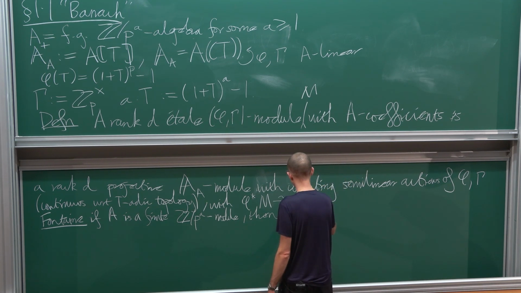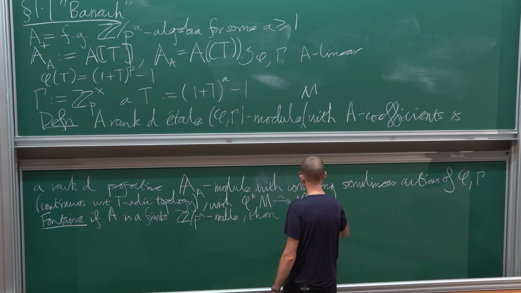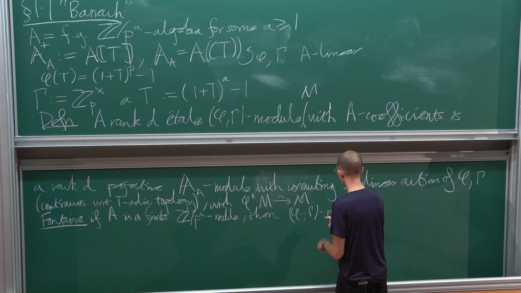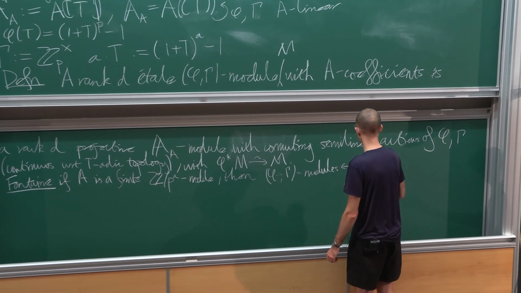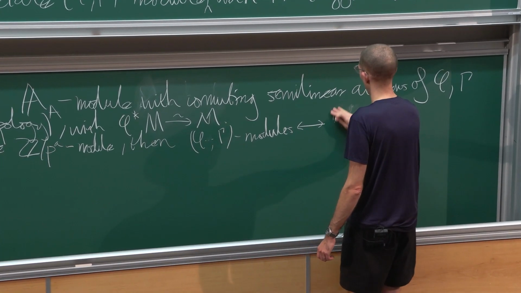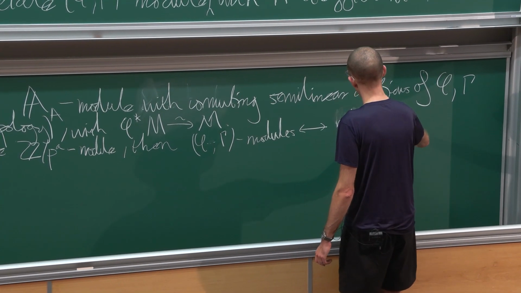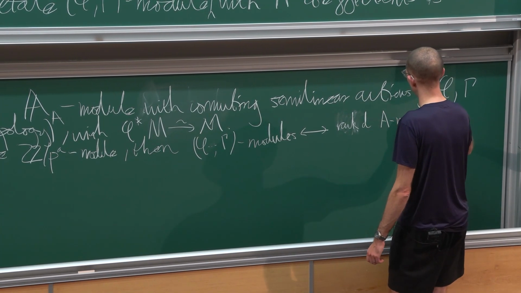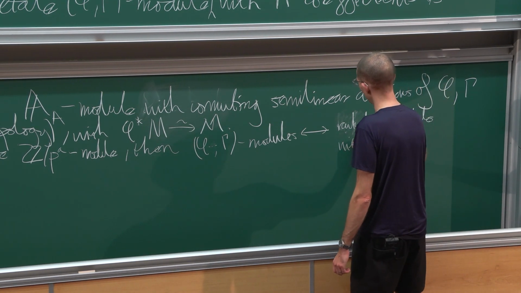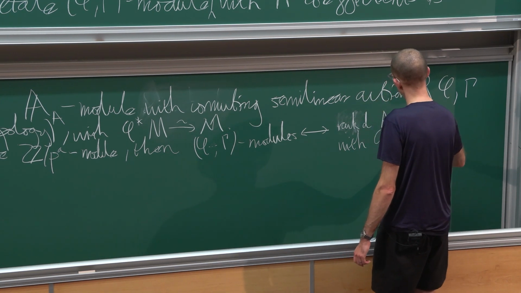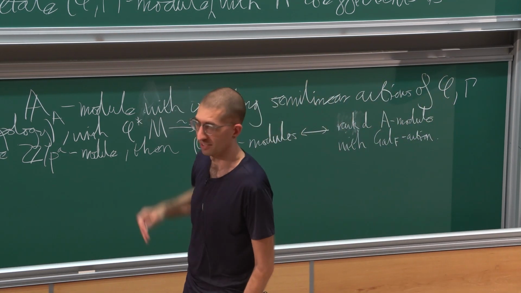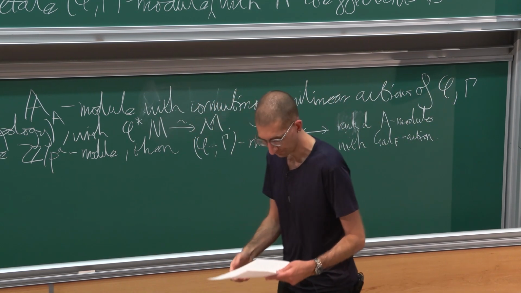So phi gamma modules, I'm just not going to write with A coefficients, but that's what I mean, these are bijecting with the rank D free A modules with a Galois action. And then by passage to the limit, you get a statement for Zp representations and so on.